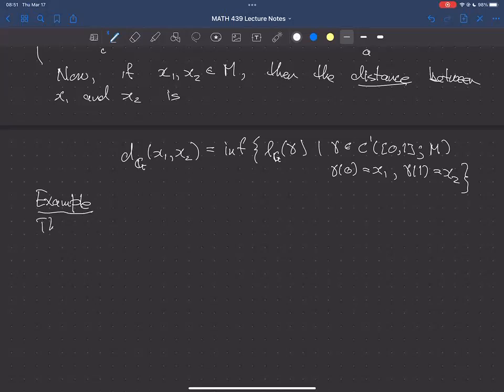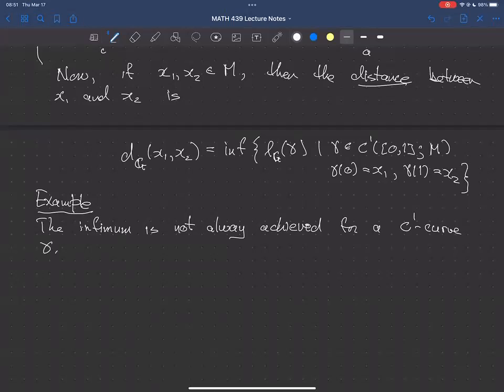The infimum is not always achieved for a C1 curve gamma.